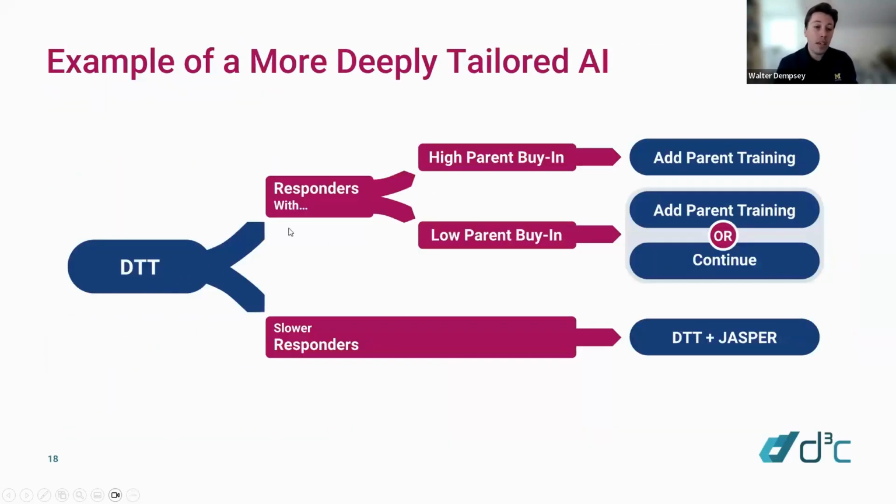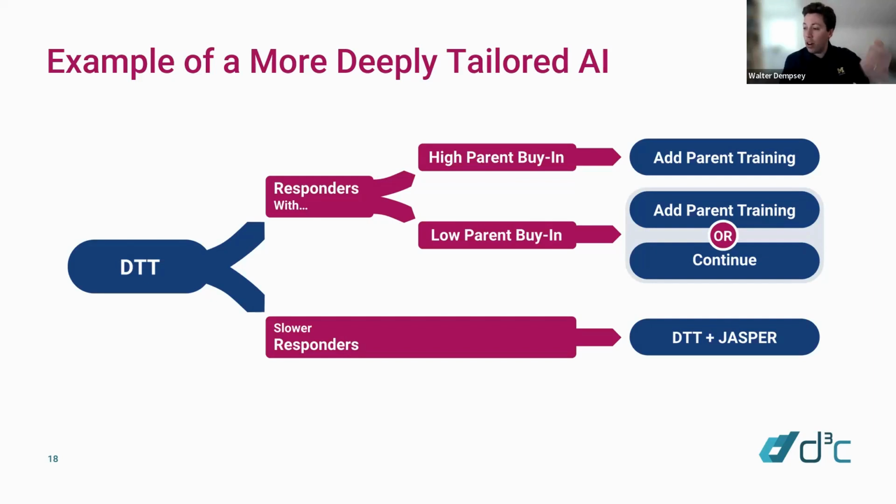So an example would be for responders with high parent buy-in, it might be better to add parent training. But for responders with low parent buy-in, it might just be better to continue with DTT by itself. In this case, you'll have data from a SMART in which you've collected, as a potential tailoring variable, the variable parent buy-in.